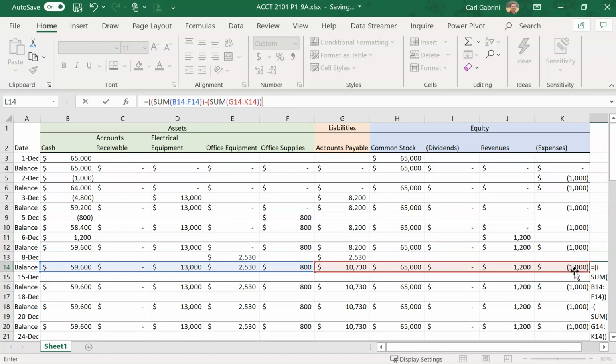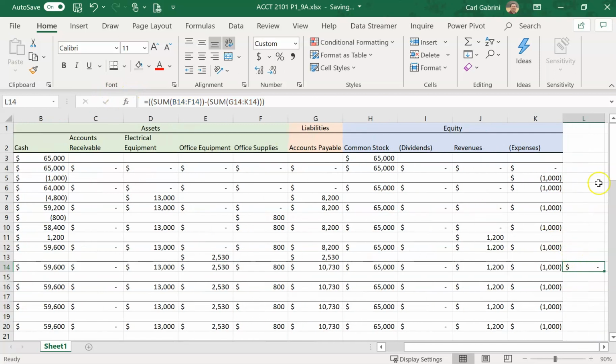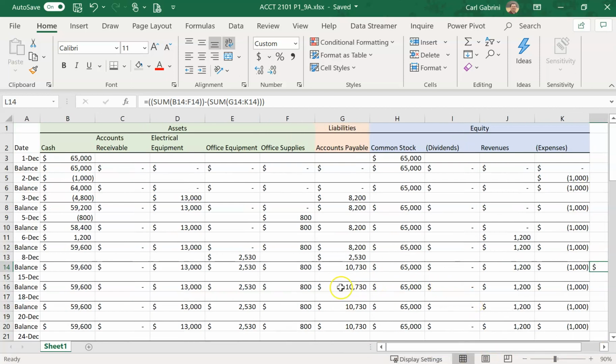This is where you can get kind of fancy in building formulas. There you go. So we should have enough parentheses to get this done. And if I did this right, there we go. It zeroes out. So you can set up a formula built in. That is the accounting equation in this particular spreadsheet. It's just done in Excel language instead. So here's your assets minus liabilities and equity. The result should be 0, which it is. And you could use that in this entire column if you wanted to, just to kind of keep yourself square.